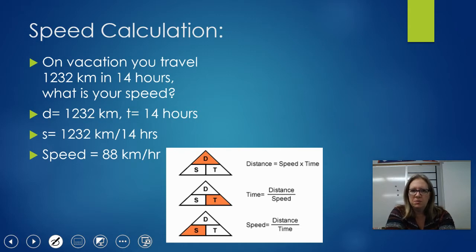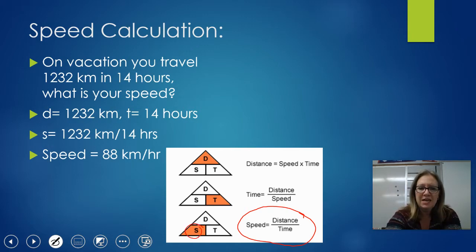So let's calculate some speed. This formula down here in the bottom is the formula we're using. We're looking for speed. Now, the reason it's written in a triangle is that you can rearrange and manipulate it. This little triangle template allows you to know how to calculate the missing piece, okay? If I'm trying to solve for speed, I'm dividing distance by time, because that's what's in the triangle.